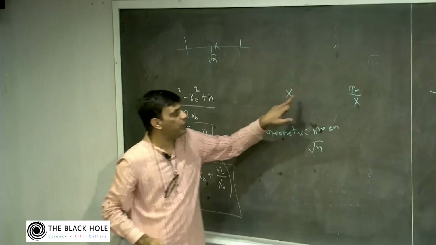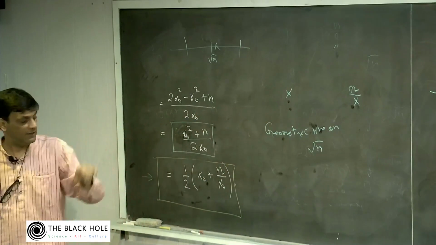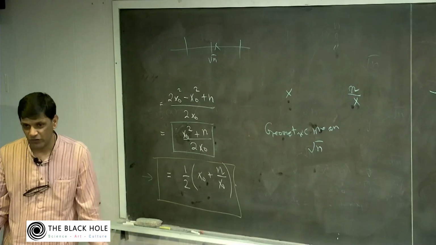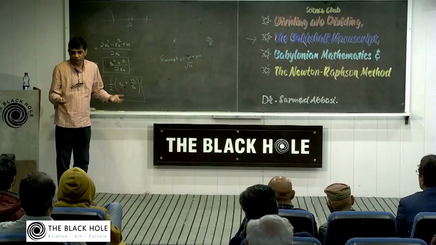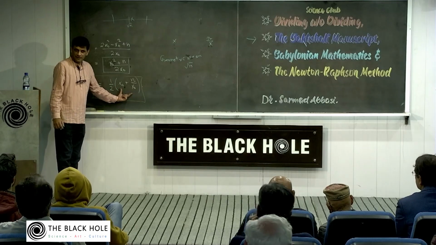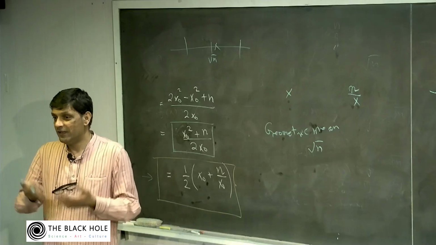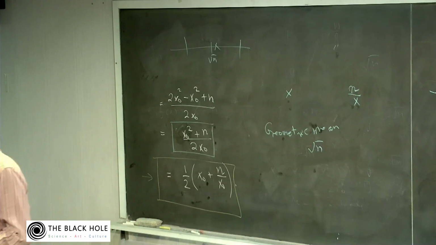Square root of n, right? So you want to compute the geometric mean of these two quantities. And here you're saying, I don't know how to compute the geometric mean because I have no idea how to compute square roots. So let me just approximate it by the arithmetic mean. So that's another way of arguing that this method will converge.